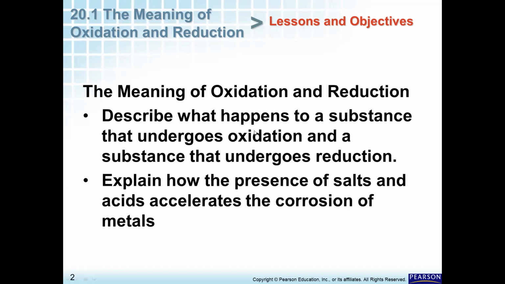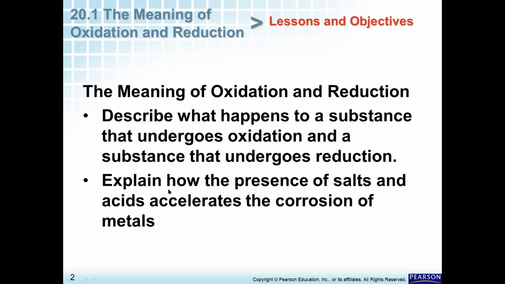Sometimes we have metals that react with each other, and some of them undergo oxidation and reduction. So there will be a new definition, or added information, regarding the loss or gain of electrons. Loss of electrons is going to be oxidation, and gain of electrons will be reduction. That's the bottom line of the first objective.